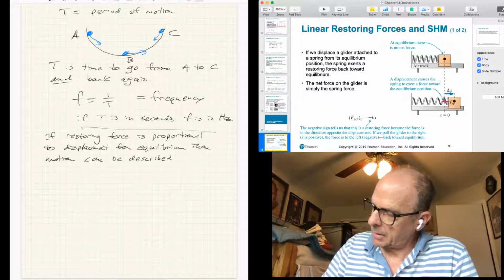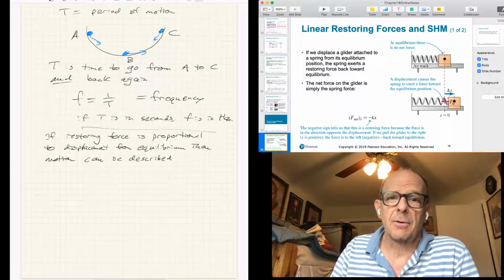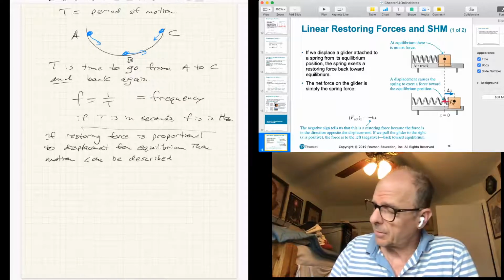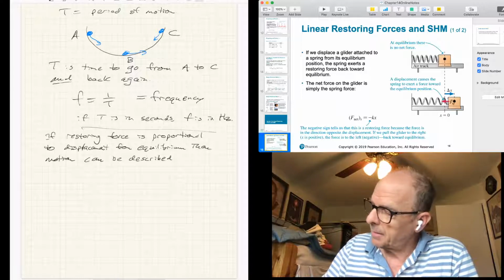And that's good because simple harmonic motion is, as the first word indicates, simple. It's relatively straightforward to describe.